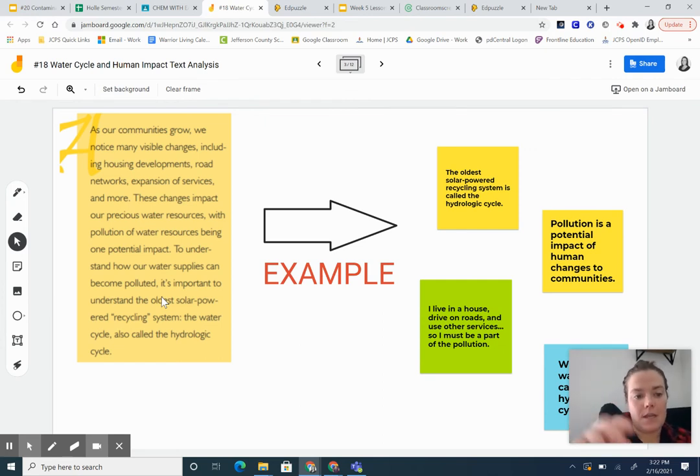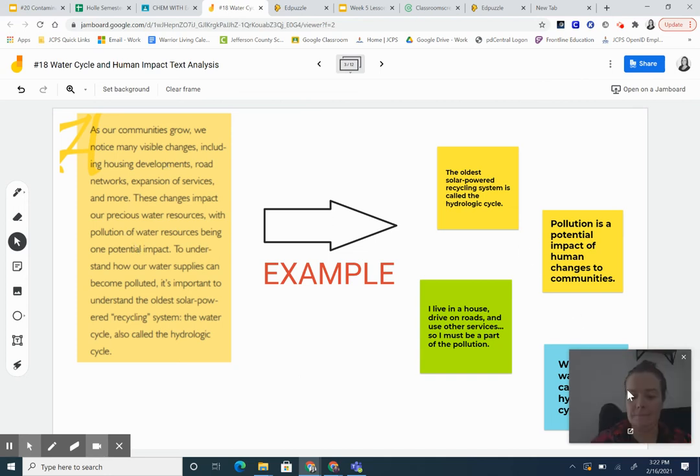The other thing is that the top part of this text is talking about how we as humans are building communities, building neighborhoods, building cities, creating housing, adding roads. Expansion of services, I think of all the different businesses in your neighborhood. Those are all impacting our water cycle.